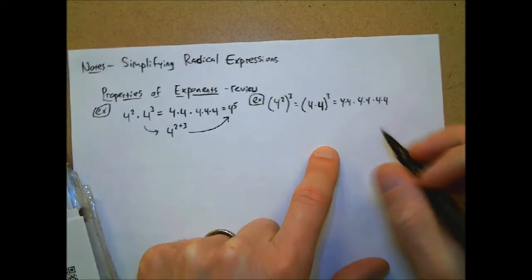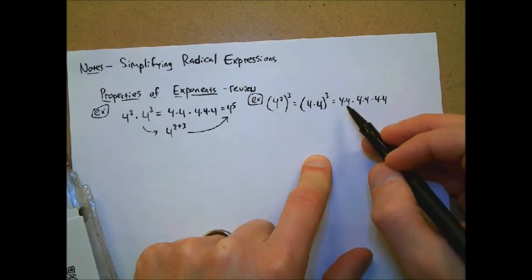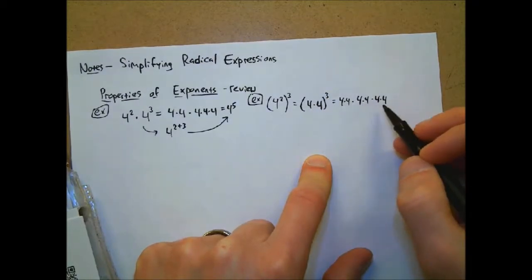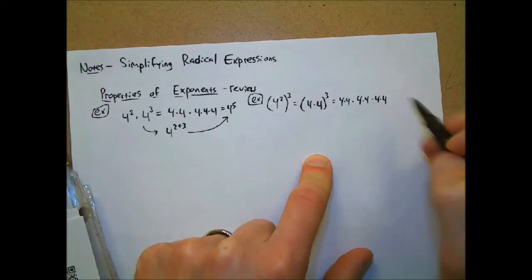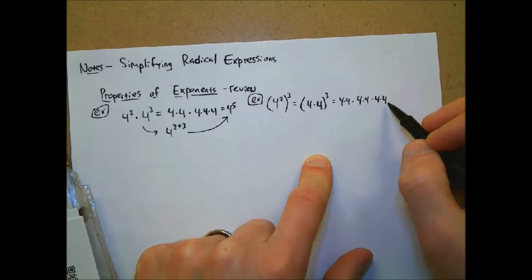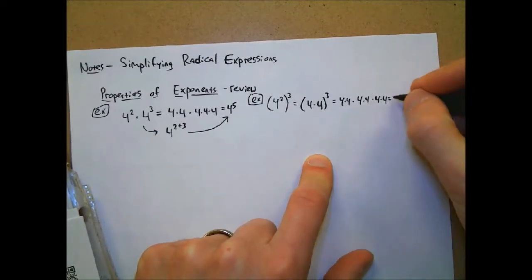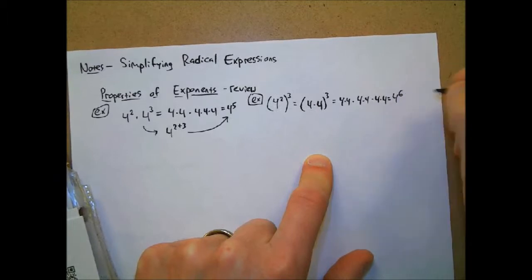If I cube 4 times 4, I've got 1, 2, 3 of those pairs of 4s all multiplied together. Which is how many 4s? 6. So it's 4 to the 6.